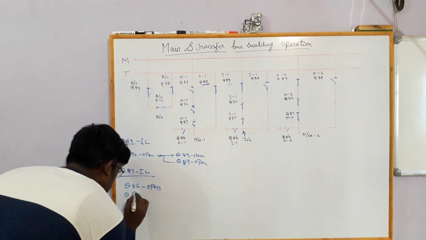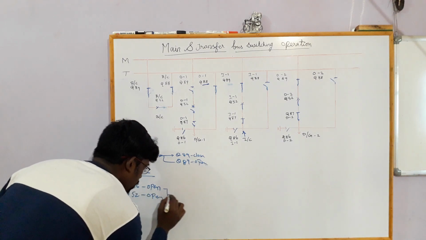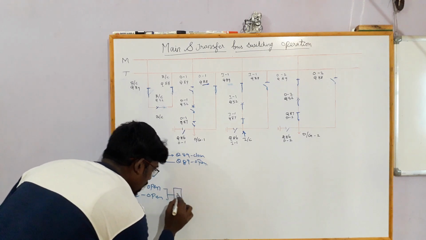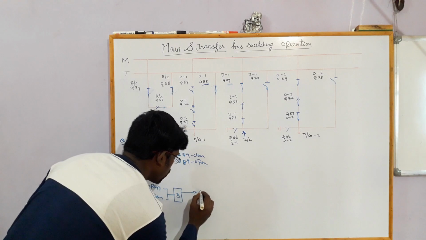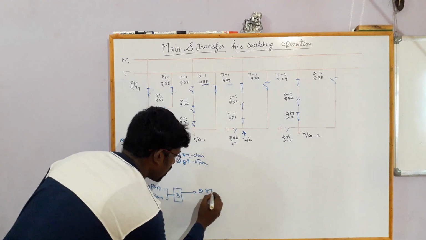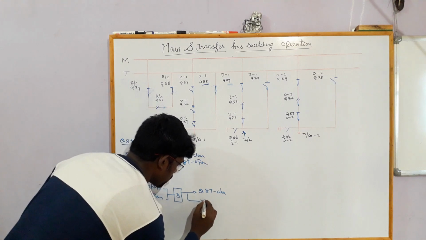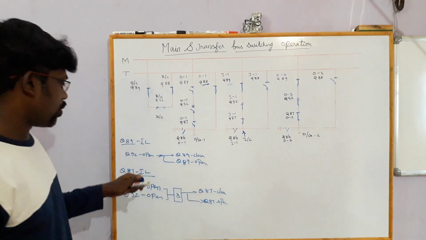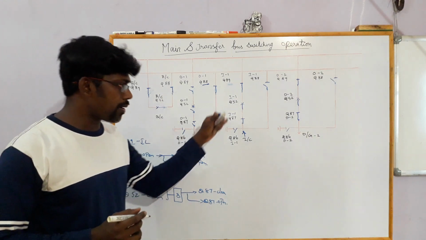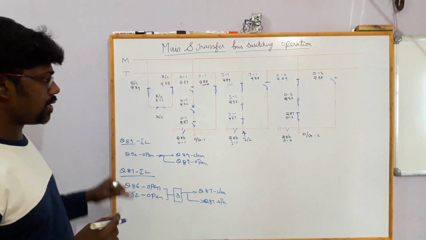Second, this is a breaker, so this has to be open. So these both we are going to put in AND and these both should be satisfied. Then only we can go for this Q87 close or open. If you want to close or open this, you need to satisfy these two conditions.